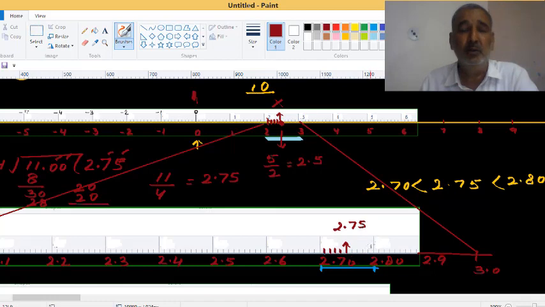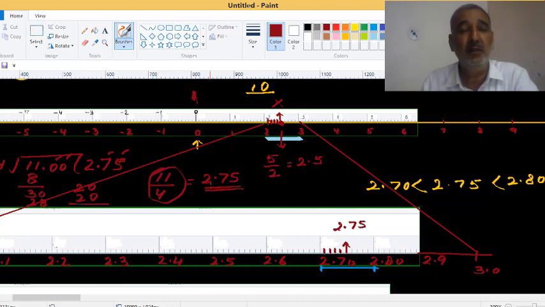In this way we can show that a number of the form P upon Q can be represented on a number line after changing it into places of decimal. Or simply I will take one more method how we can represent 11 upon 4.